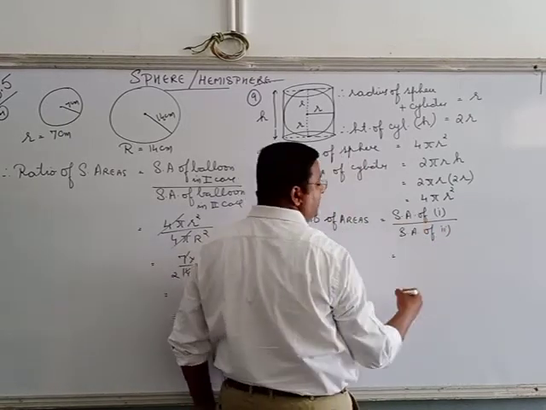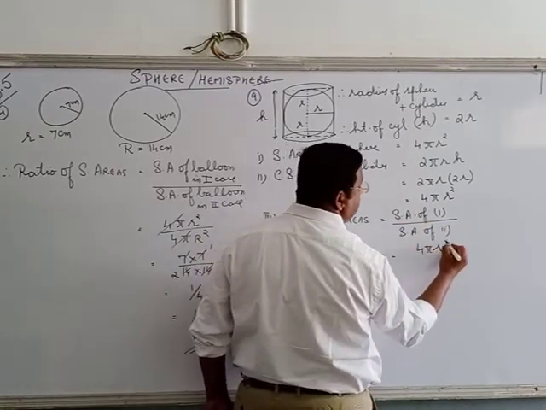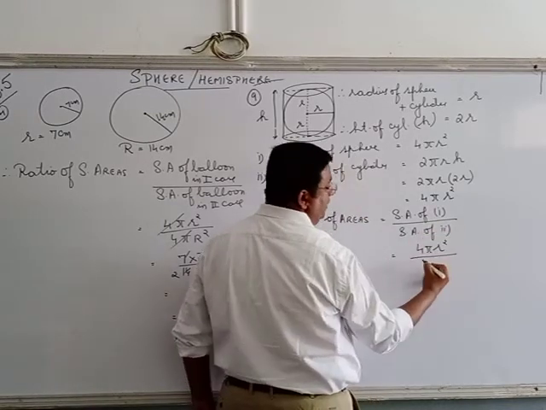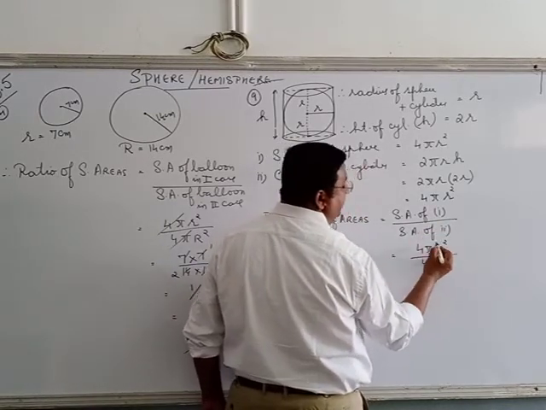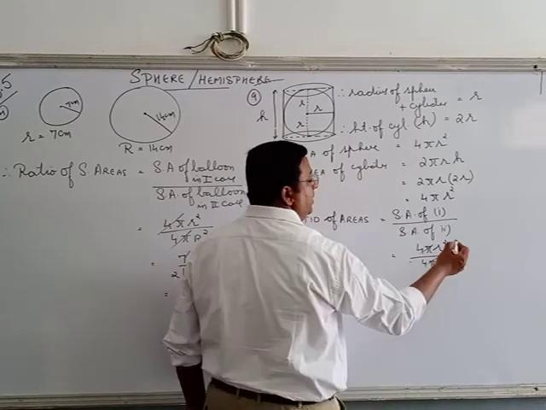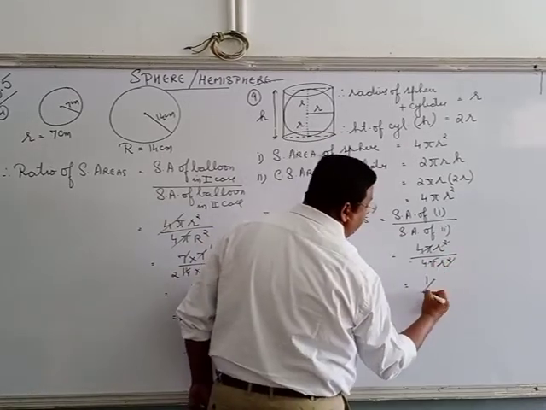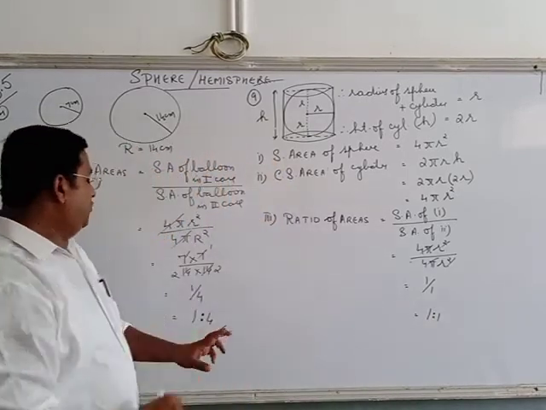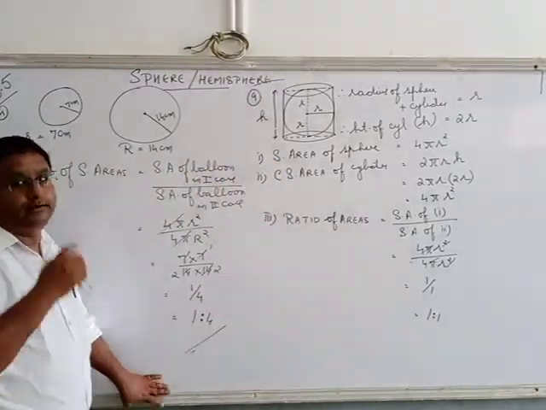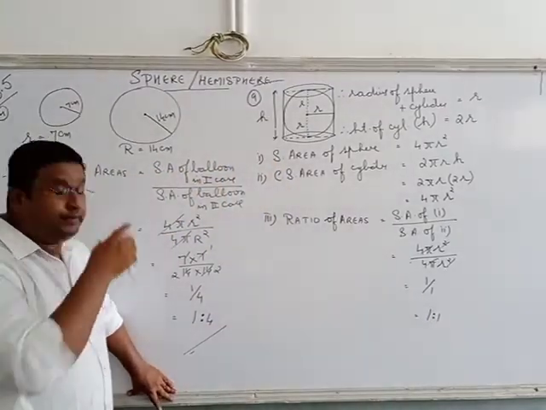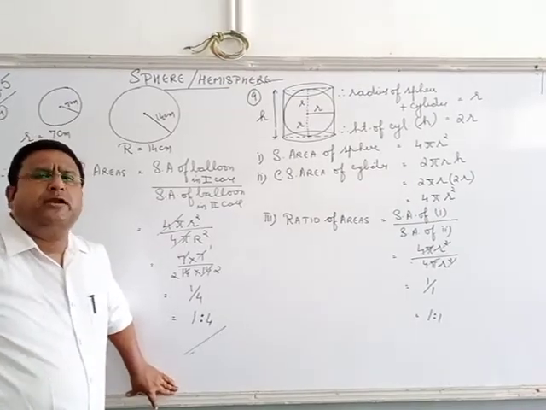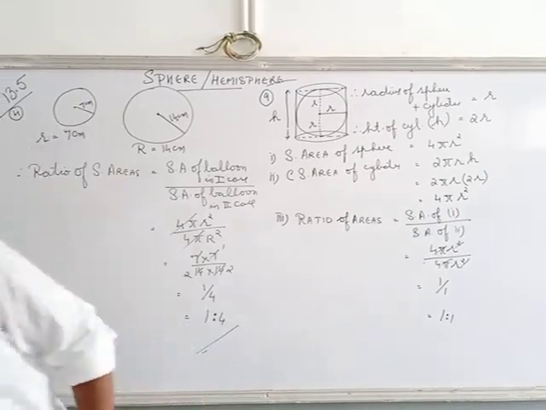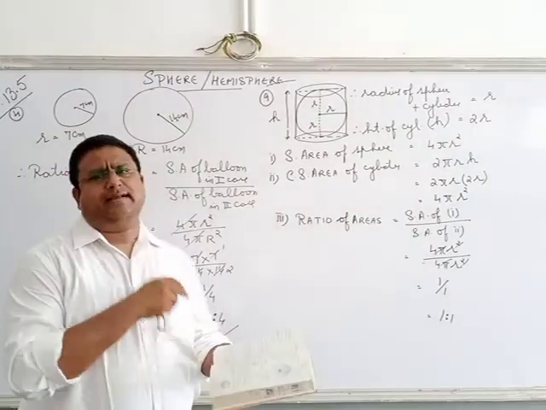So surface area of first, 4 pi r square, upon surface area of second, 4 pi r square. Everything is cancelled. So what is there? 1 by 1. So what is the ratio? 1 is to 1. Both the questions are about ratios, so they are done. I hope you can do them. They are simple questions based on formulae, nothing else.